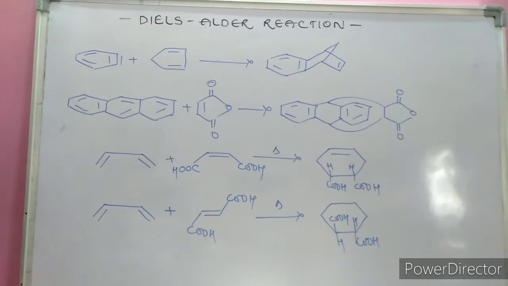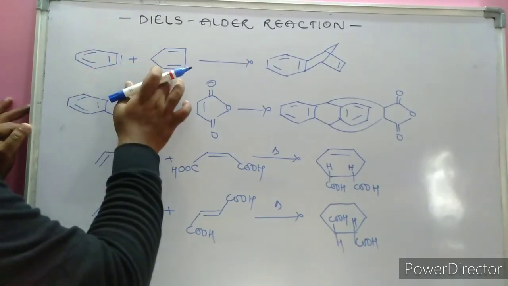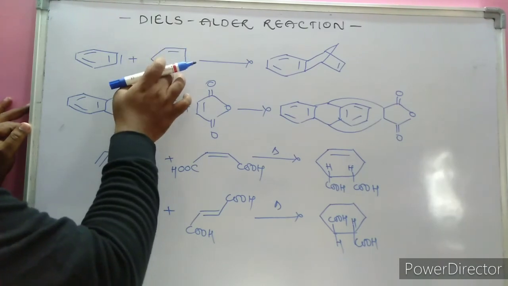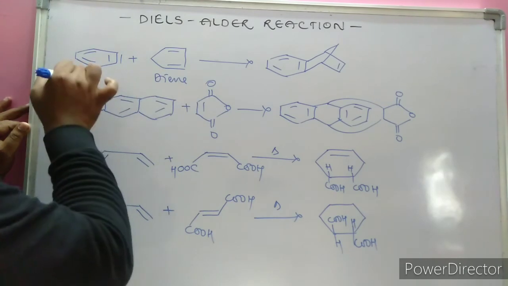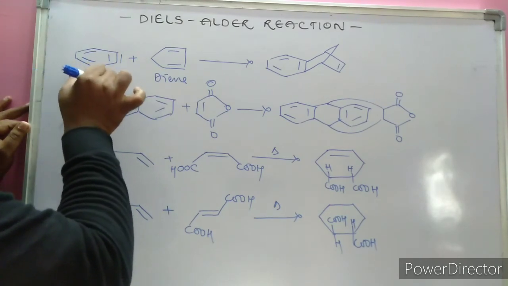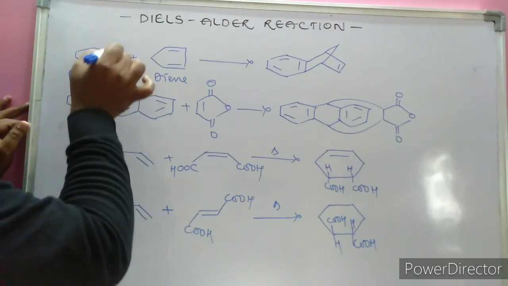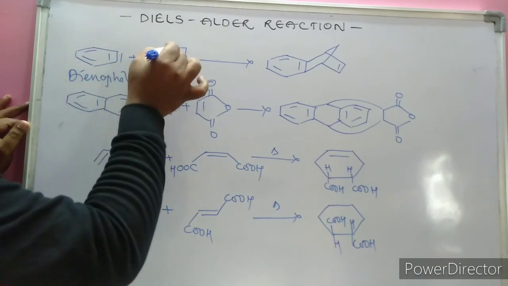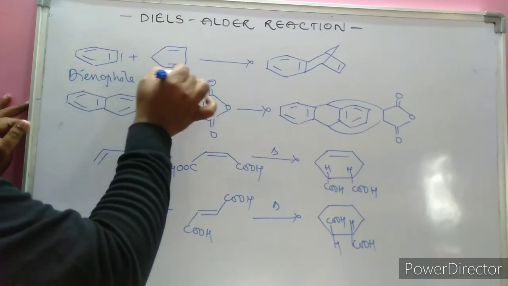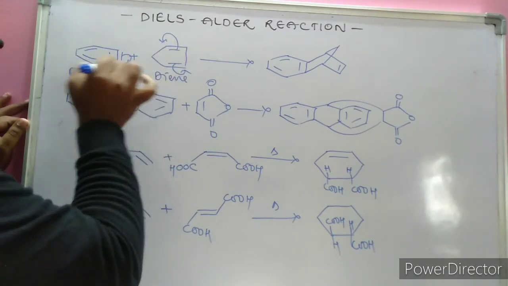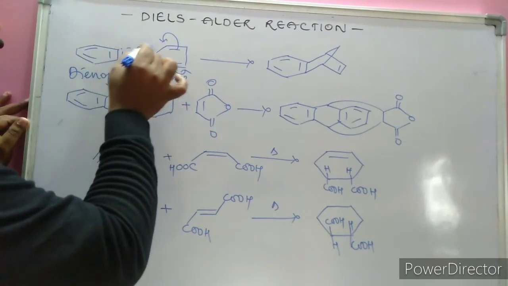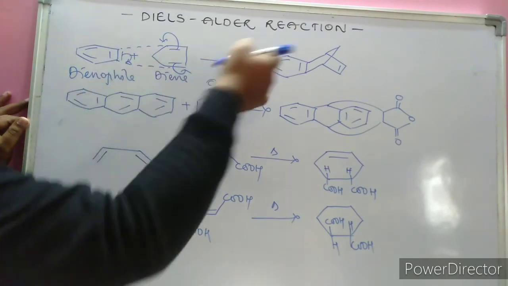In the remaining working examples, benzene is given and cyclopentadiene is given. This is the diene here and this is the dienophile. Here a new bond is established: this bond is given toward this side, and this bond toward that side, minus and plus, and a new bond is established like this.